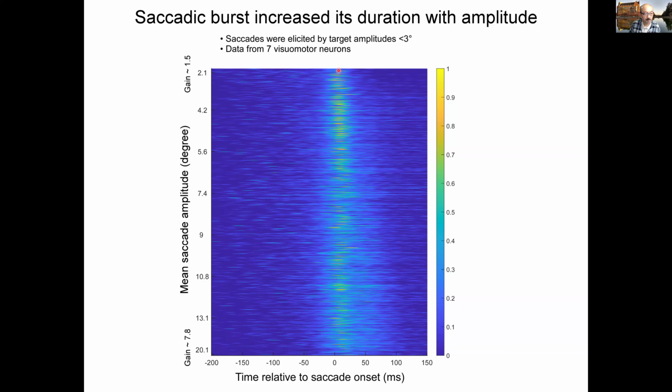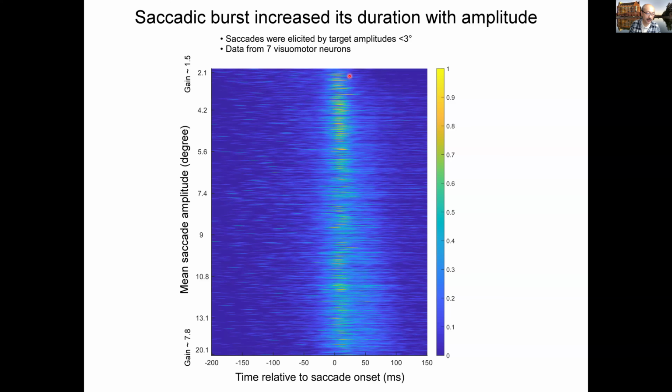As you can see, this is aligned on the saccade onset, and the peak of the activity is normalized for each neuron. So we see here that the peak of the burst is higher for low gain saccades, but as amplitude becomes larger and larger, the peak burst becomes somewhat lower.